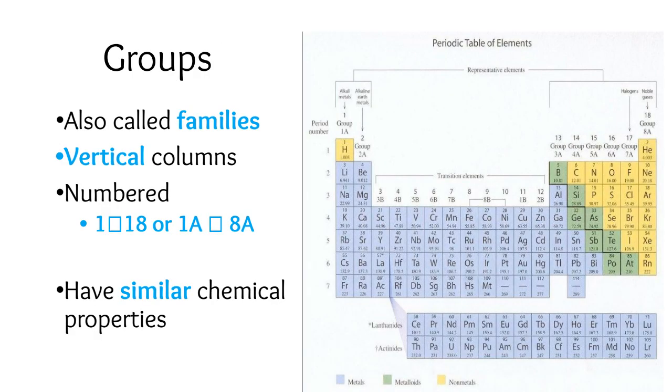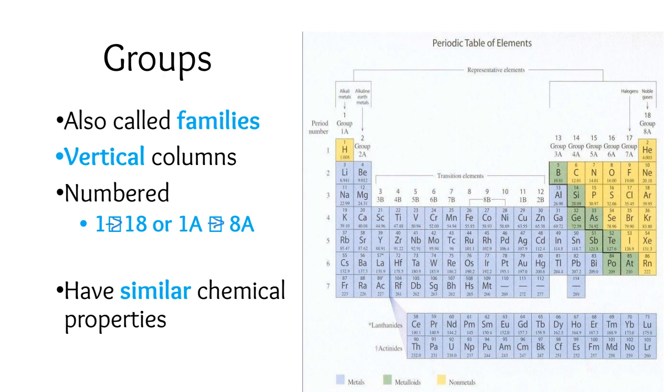So the first key we're going to look at in the organization of the periodic table is groups. So that's these up and down vertical columns of elements. These groups, or vertical columns, are also called families. And we're really going to be looking at the columns 1 through 18, or they're 1A through 8A.